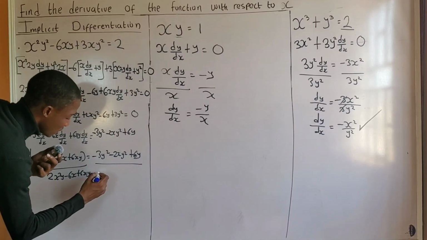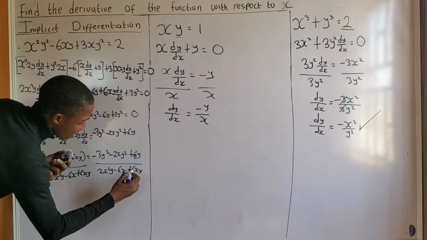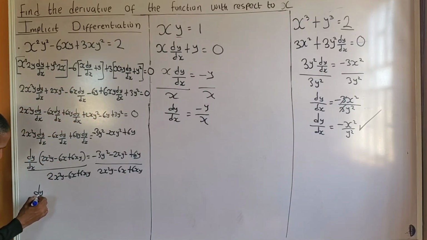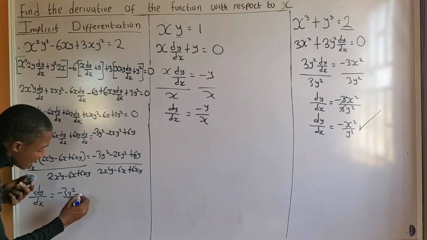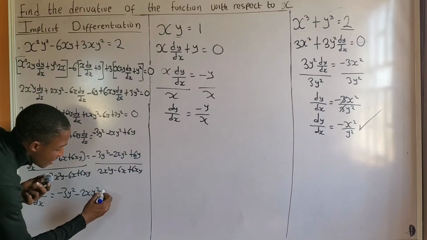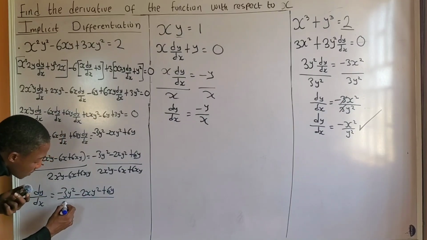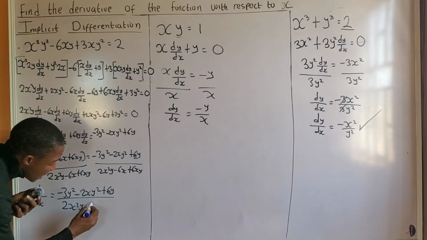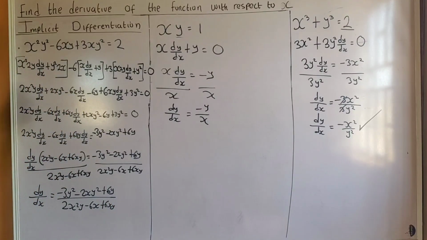Hence dy/dx is equal to negative 3y squared minus 2xy squared plus 6y, all over 2x squared y minus 6x plus 6xy. Okay, so that is the value of dy/dx. You can see that it's simple. What matters is understanding.